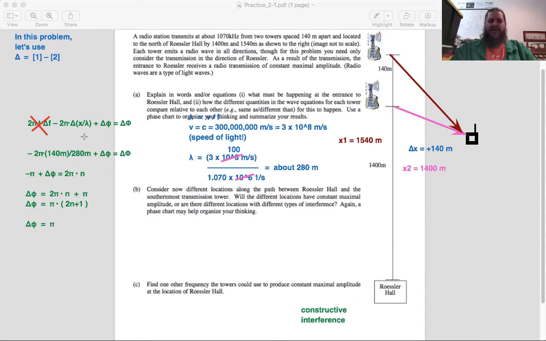Any other questions on that? So for B, the answer is as long as it's the same path, then the delta X will always be 140 meters. But as soon as you diverge off of it, it's going to be different. Yeah. You would also run into problems if you were, instead of beyond the second antenna, let's say you were somewhere between the antennas.